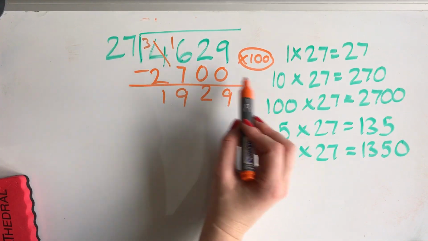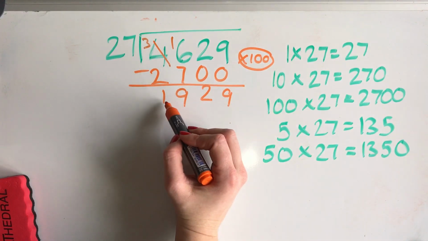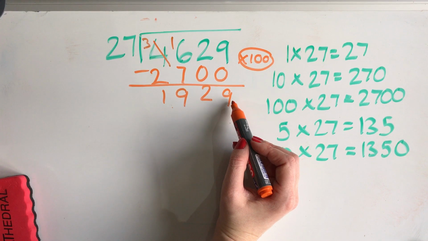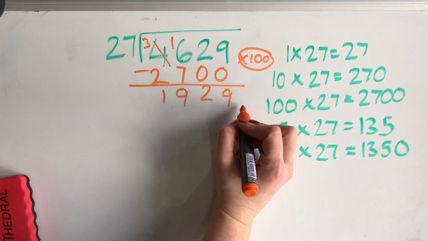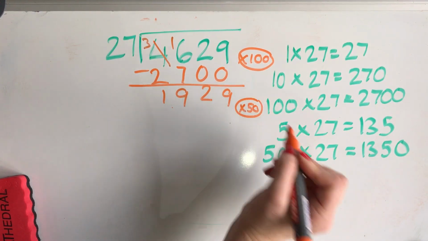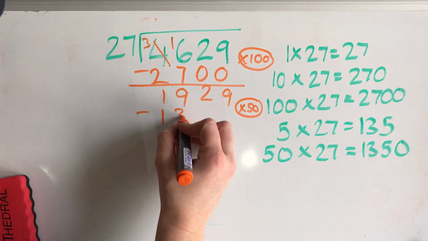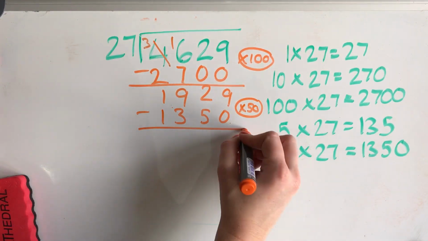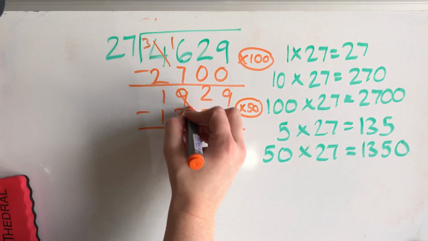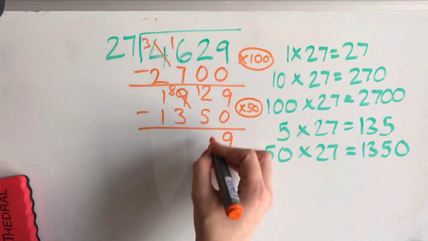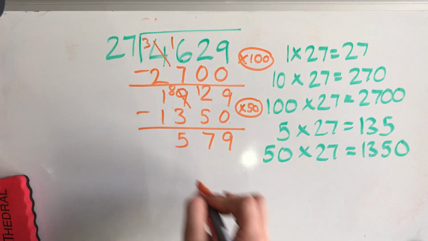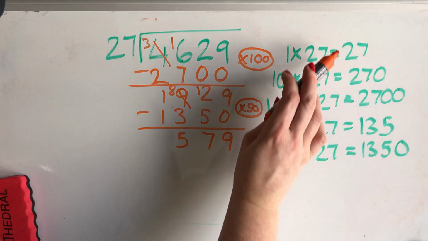Now I can't take another group of 2,700 out because I've only got 1,929 left. But I can take out this group of 50. So that leaves me with 579.